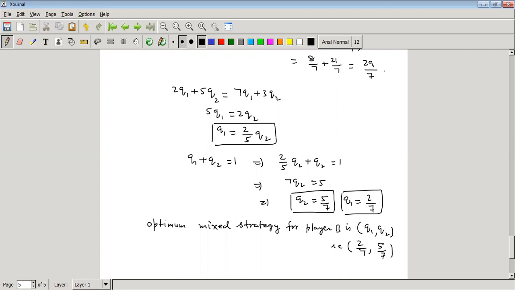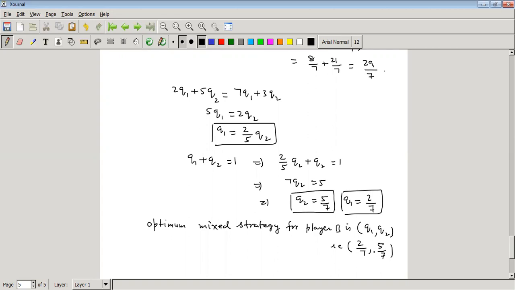Out of 7, he uses the first strategy 2 times, and out of 7, he uses the second strategy 5 times. Right?